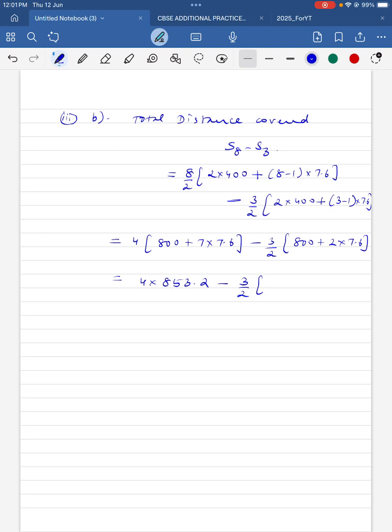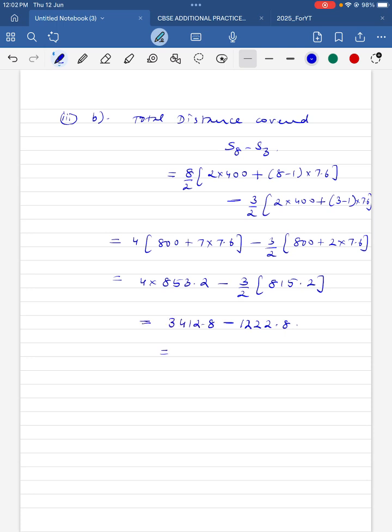So that is 815.2. Okay, so 815.2 times 3 divided by 2 would be equal to 1222.8, and 4 times 853.2 is equal to 3412.8.